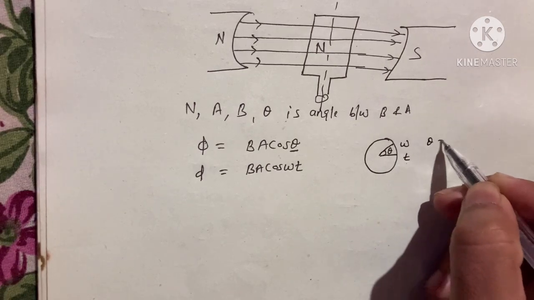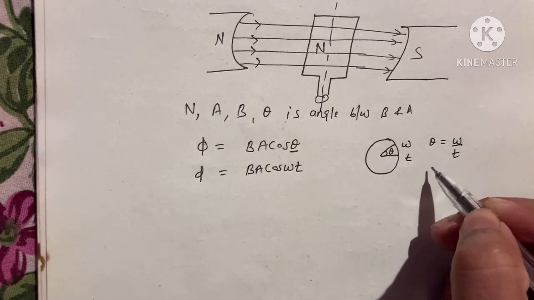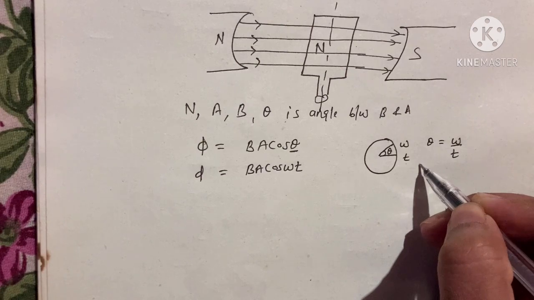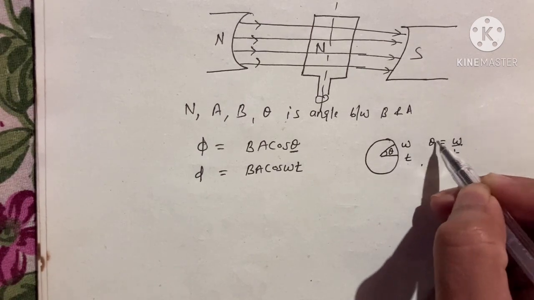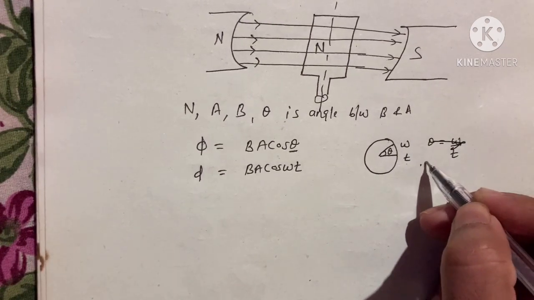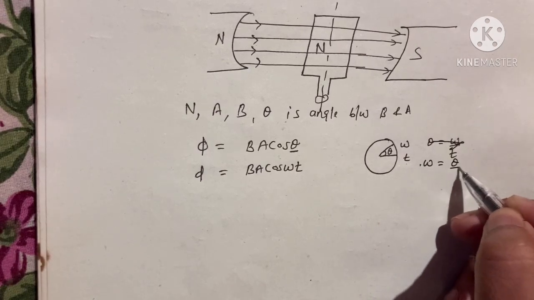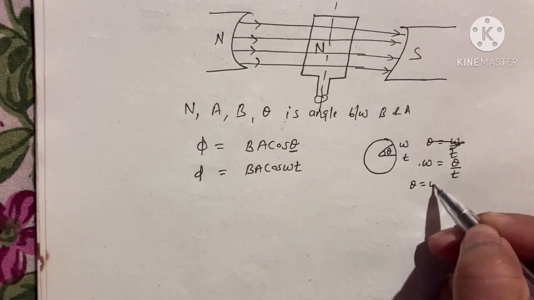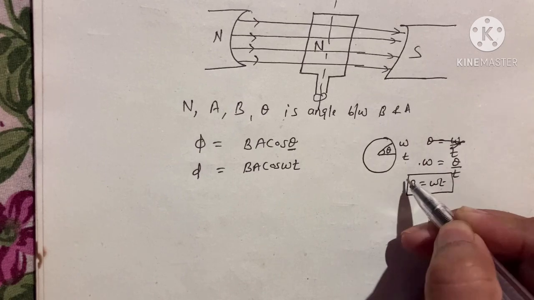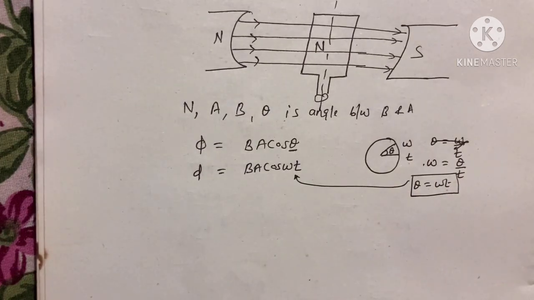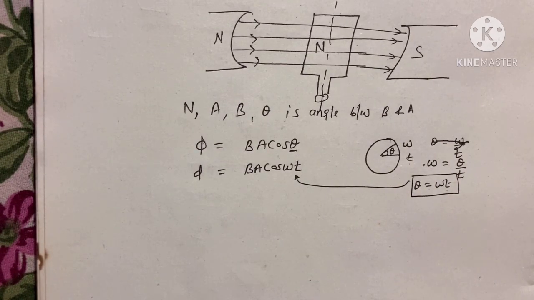Omega is equal to angular displacement upon time, so you can write theta is equal to omega t. This is what we have used here, omega t.